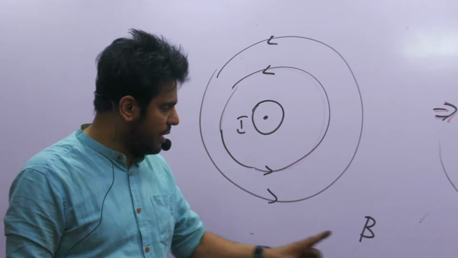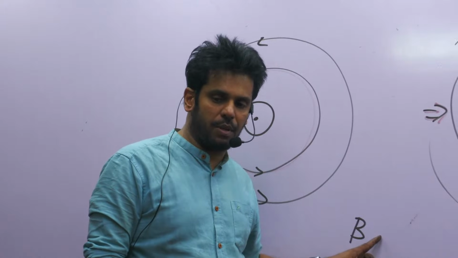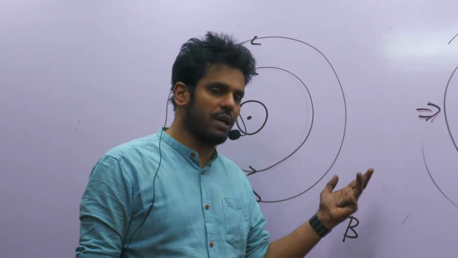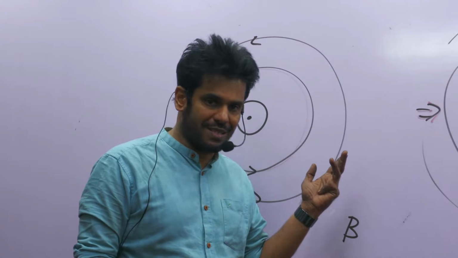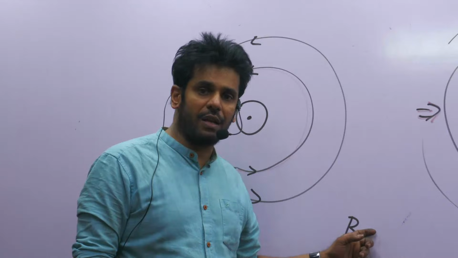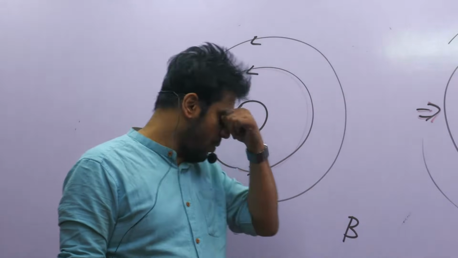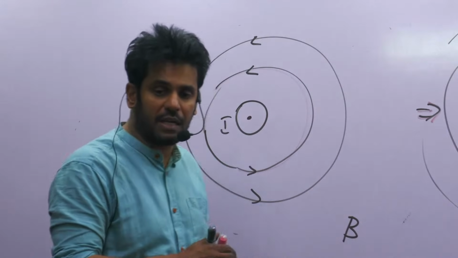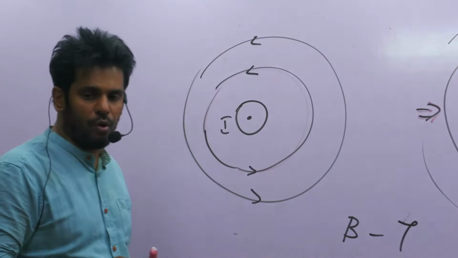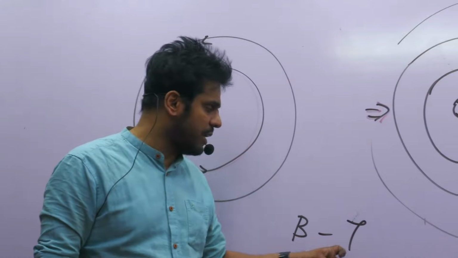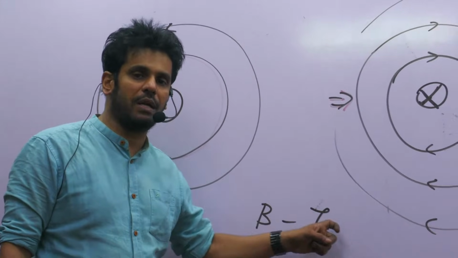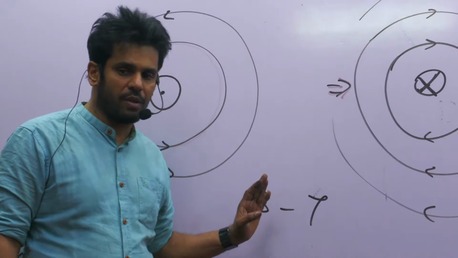Now generally we say capital B, magnetic field. Second one, magnetic flux density. Third one, magnetic field intensity. It is measured in Tesla. Magnetic flux density or magnetic field intensity or magnetic field is measured in Tesla. Is it okay? Right.